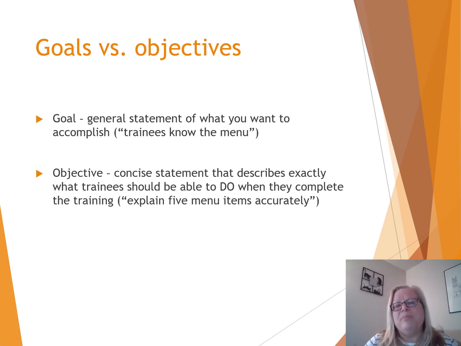So one of your objectives toward that goal might be that by the end of today's training, each of these people will be able to explain 5 menu items accurately. That's an objective. It's a very specific step that you can take toward meeting your big overarching goal. So keep that in mind as we go forward. Our goal is to help Dr. Clark increase enrollment, but our objectives will be the steps that we take to get there.